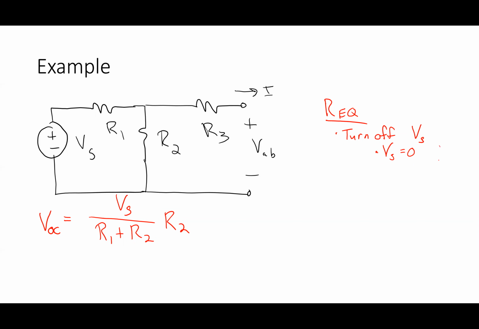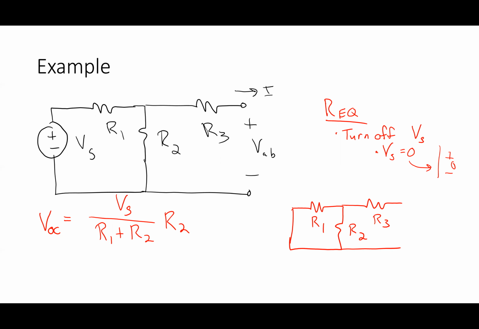If I have a device that has 0 volts across it, that is a short circuit. So this network turns into R1, R2, and here's R3.